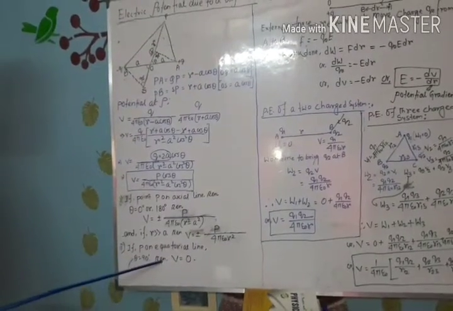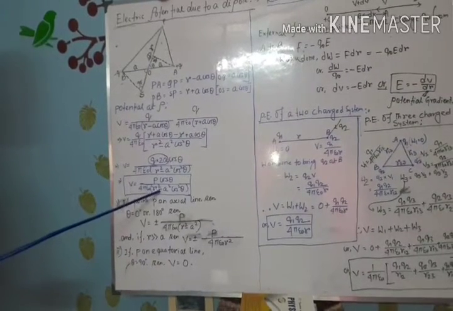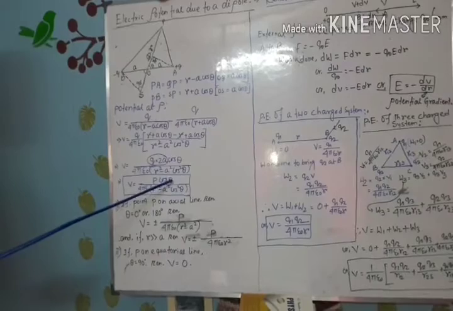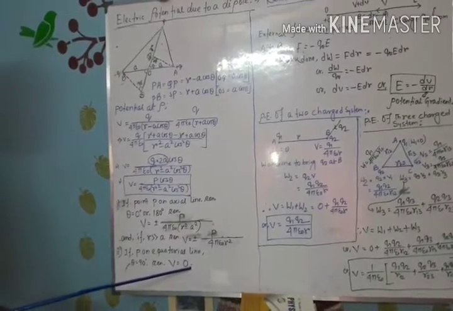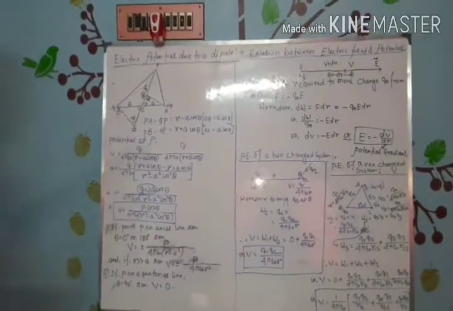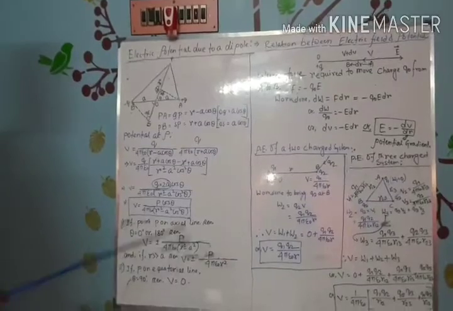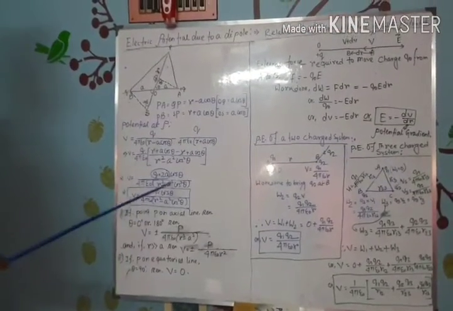Then theta becomes 90 degree. By putting the value of theta 90 degree in the expression of potential, cos 90 is 0, that's why potential is also 0. So on the equatorial line, at any point due to a dipole, always remember the electric potential is 0.